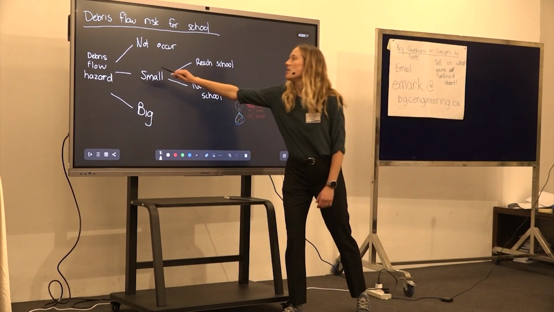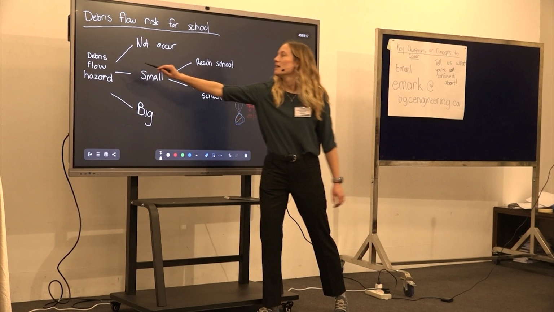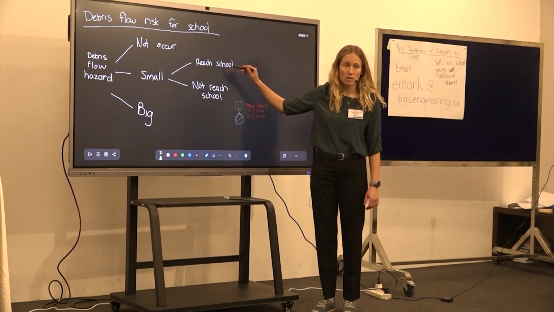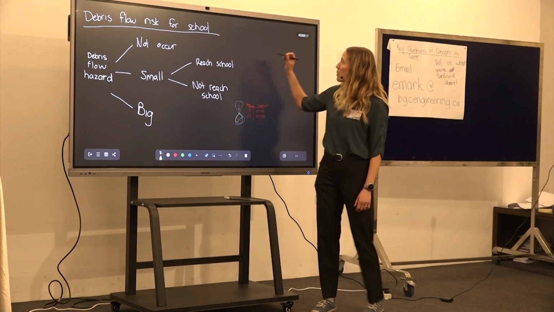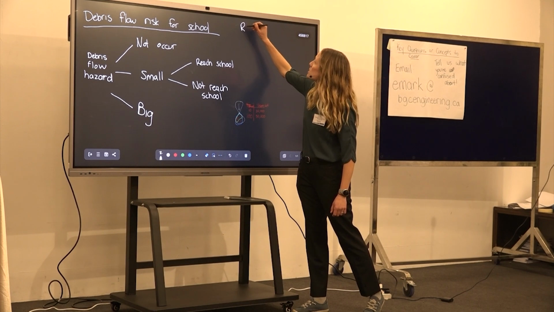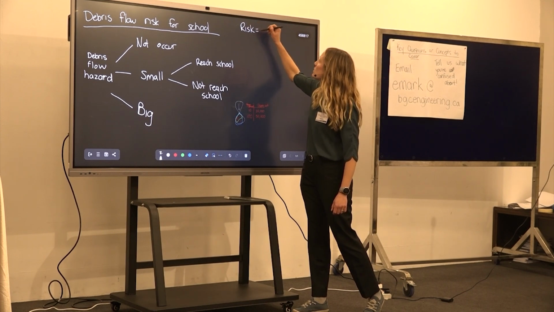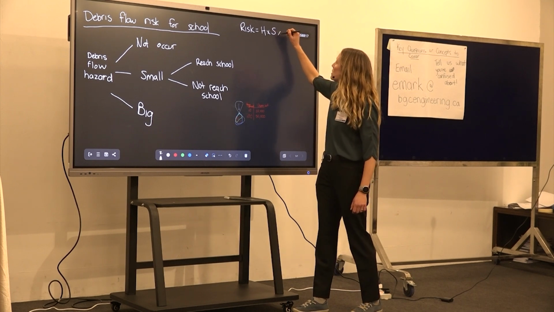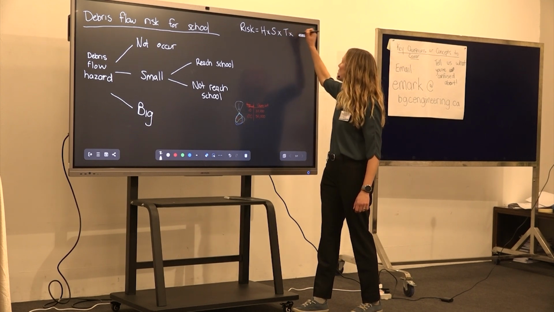All right. And then the debris flow occurs, it's small, it reaches the school, and we're trying to calculate life loss risk. So what's the next thing we care about? So let's put this up here. Risk equals hazard times spatial times temporal.